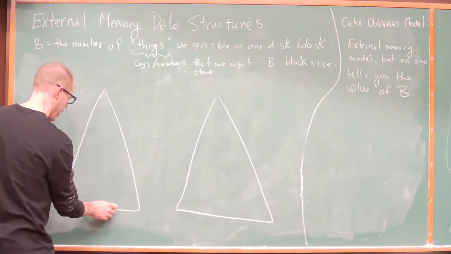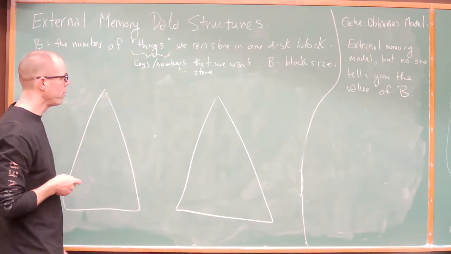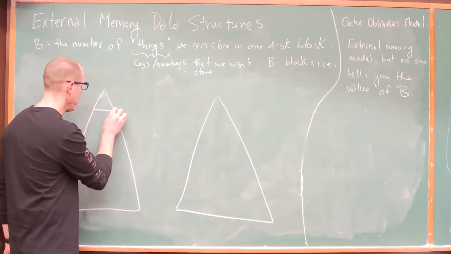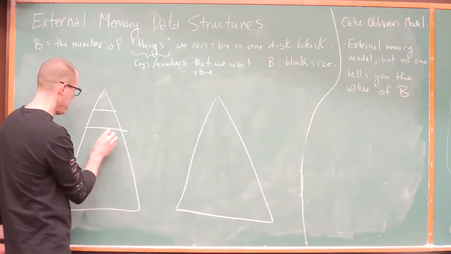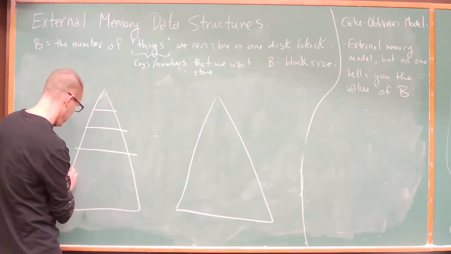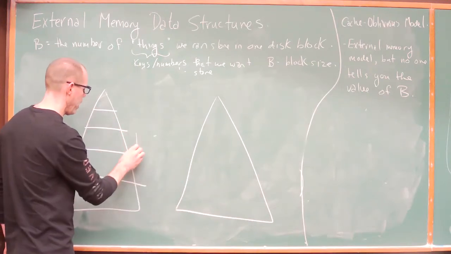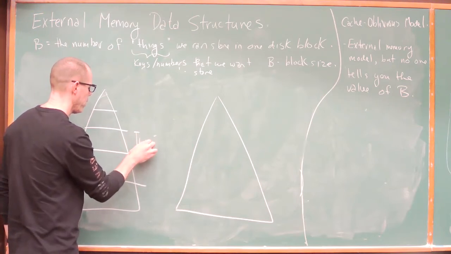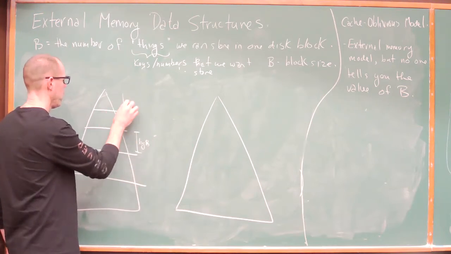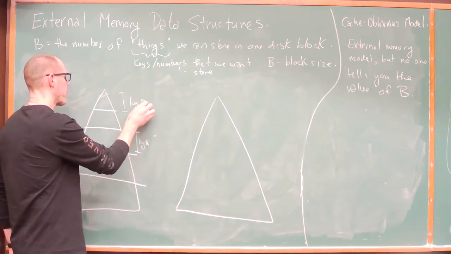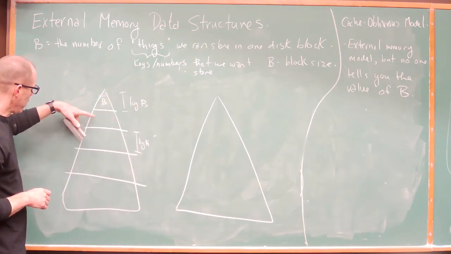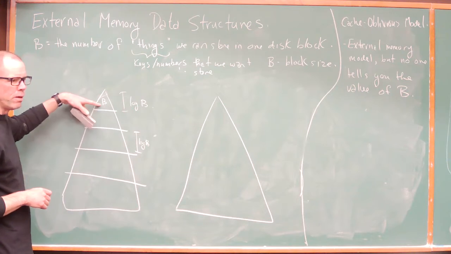We saw that one way to think about this when we knew the block size was we would take a binary search tree and chop it up into layers. Each layer had height log of B, which meant that each little subtree between two layers had about B values in it.